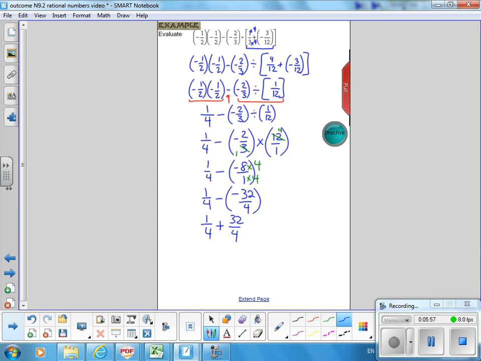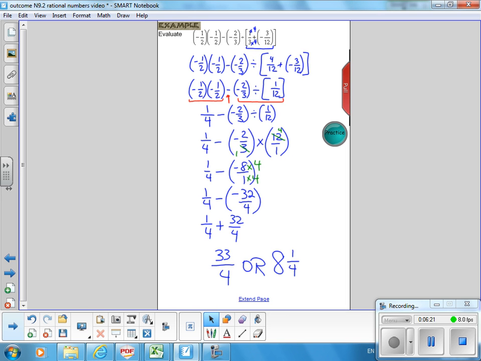And 1 plus 32 gives us 33 over 4. We can't simplify it. We could write it as a mixed number. 4 goes into 33 8 times with 1 left over. But you don't have to, which is why I show the or. You can leave it as improper, or you can write it as mixed.